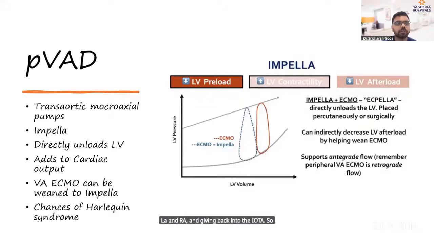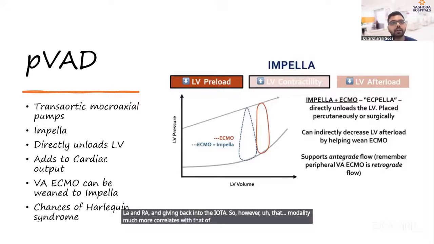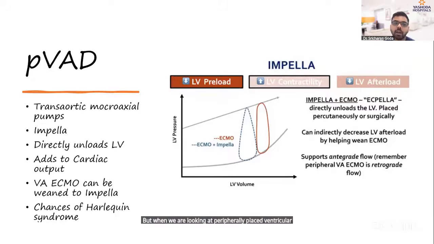That modality correlates much more with active left atrial unloading. But when we are looking at peripherally placed ventricular assist devices, we are looking at Impella. Impella is placed percutaneously via the aortic valve into the LV, where it sucks blood out from the LV and pushes it into the aorta.